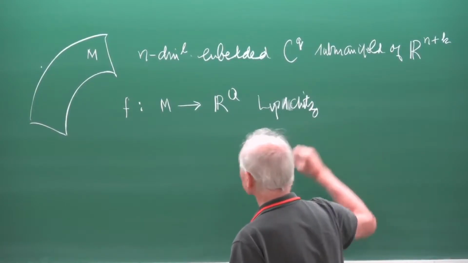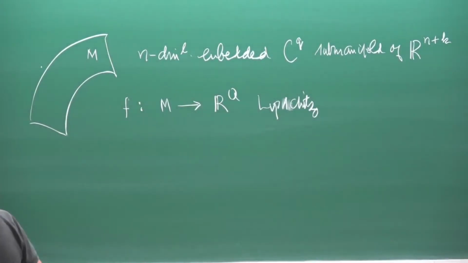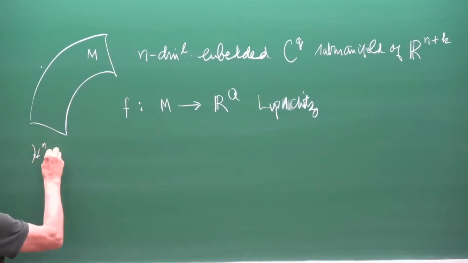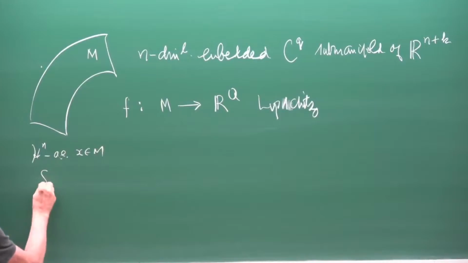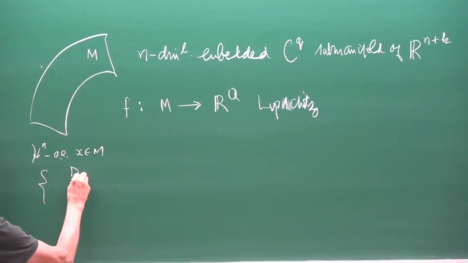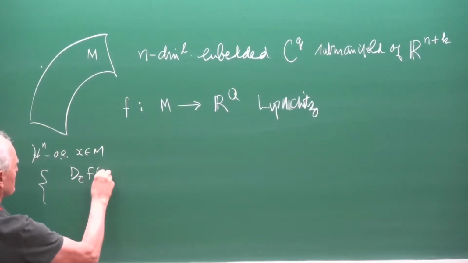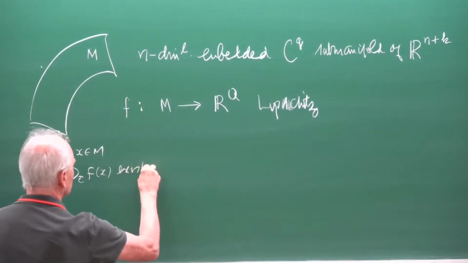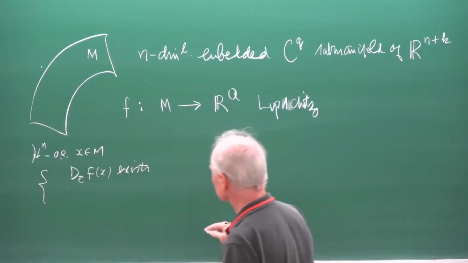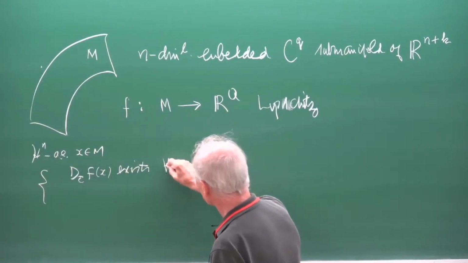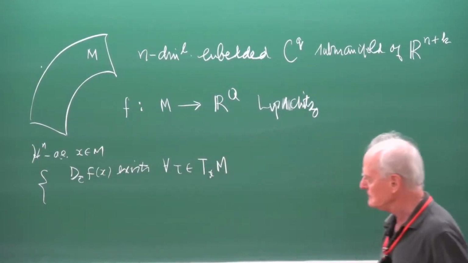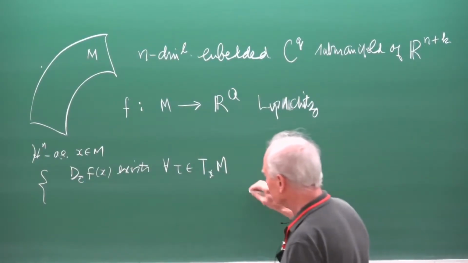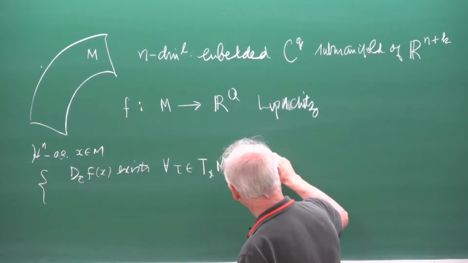And we proved that you could take directional derivatives for Hn almost every x. You get lots of nice facts. You get that the directional derivative d_tau f exists, the directional derivative in the direction tau for every tau in the tangent space of x, and it's linear in tau.